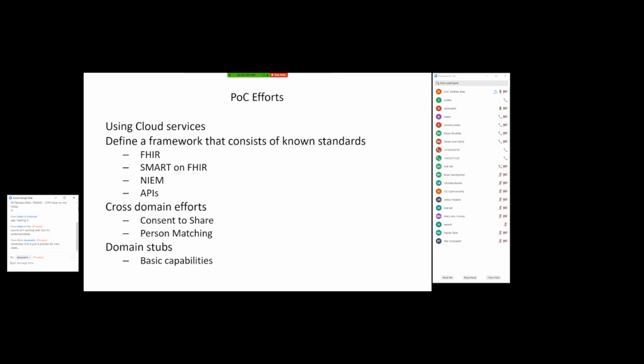But then to define a framework that allows us to exchange information. And initially, that effort would be focused around FHIR, because again, FHIR will be getting a lot of traction and funding over the next year.